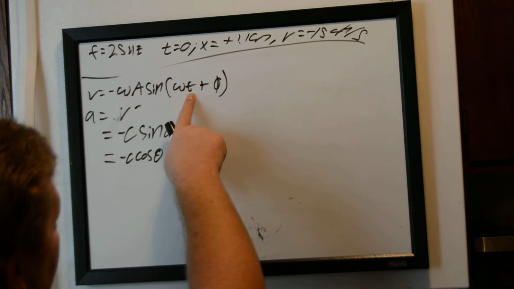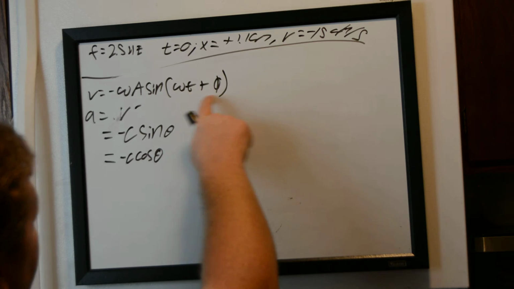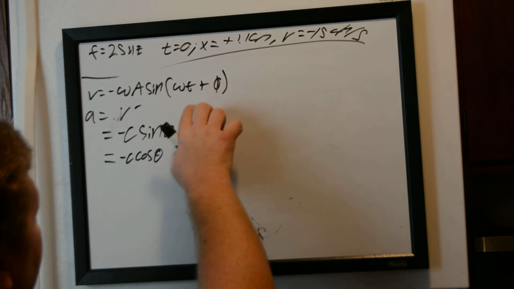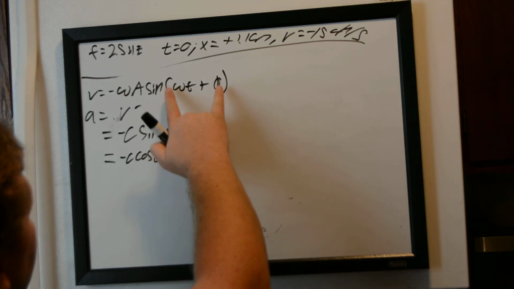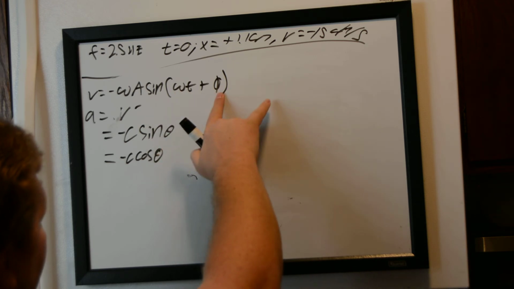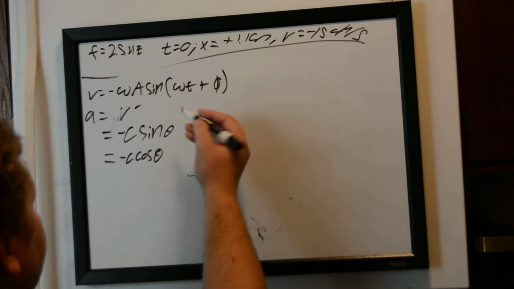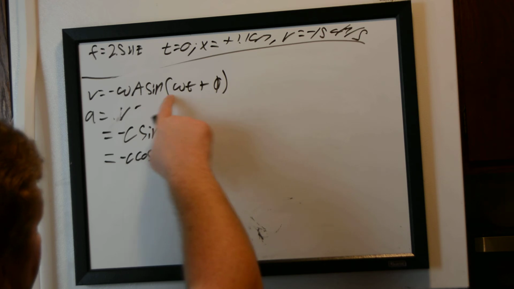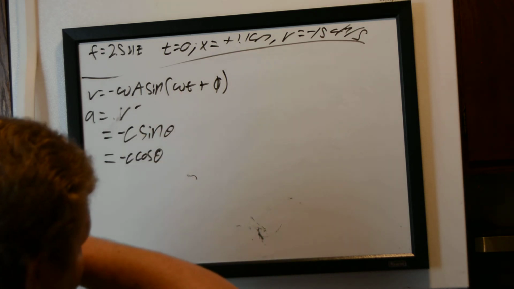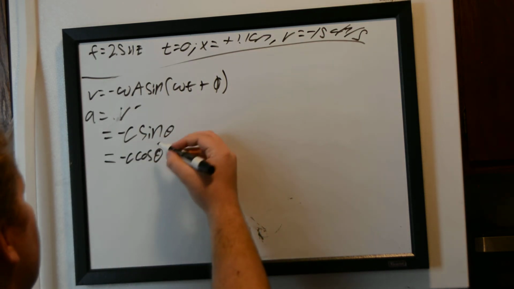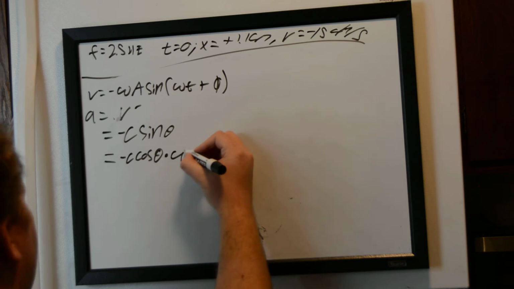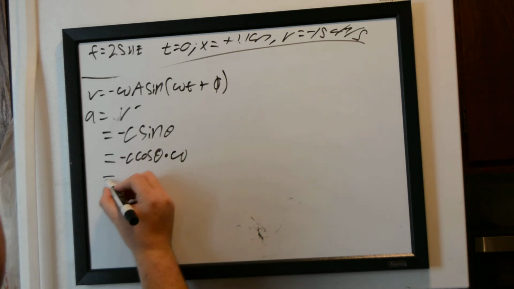And then from the chain rule part here, again, we just take the derivative of this, with the addition rule, that's just going to be the derivative of both of these. And since phi is a constant, that's just 0. And so the derivative of this term here is just the angular velocity. So that is just going to be times the angular velocity. And then we expand this back out.